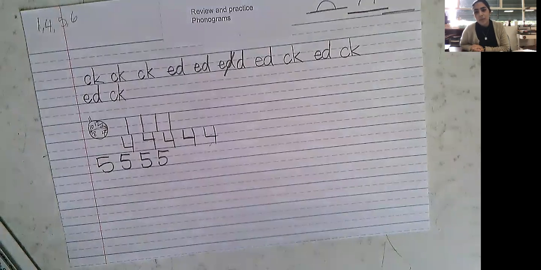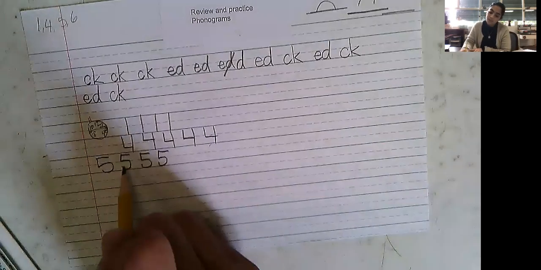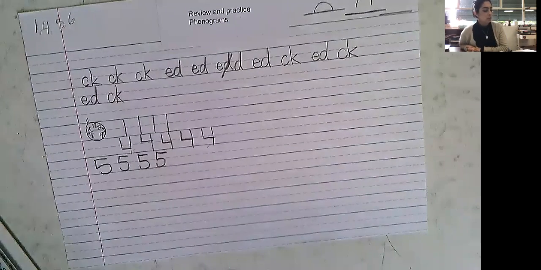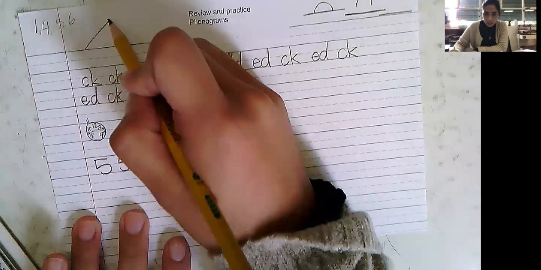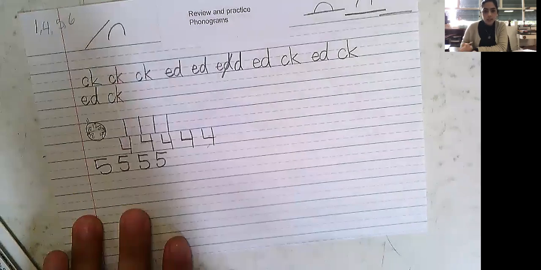And the last one that we're going to be doing is number 6. The numeral 6, we're going to skip a line. The numeral 6 has slanted and rounded lines. It has oblique lines, slanted and rounded lines.